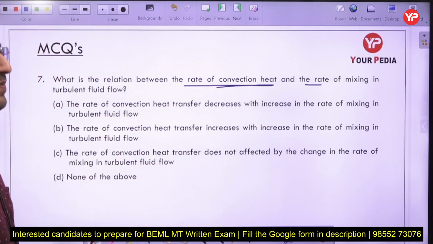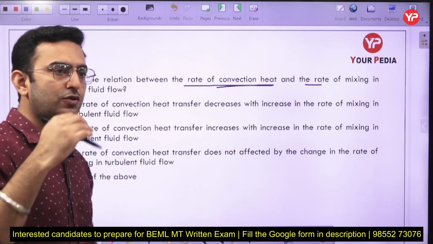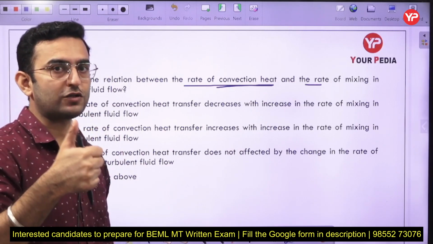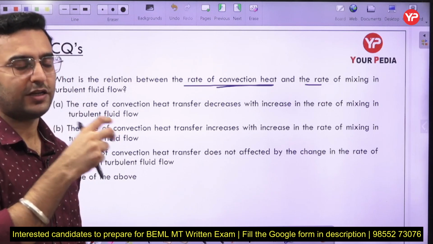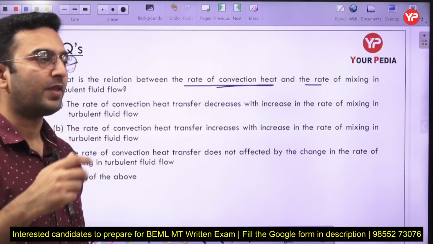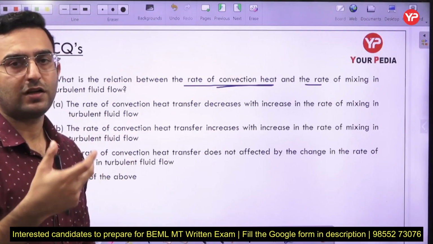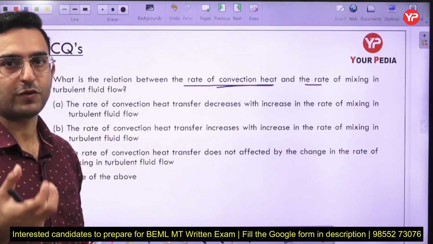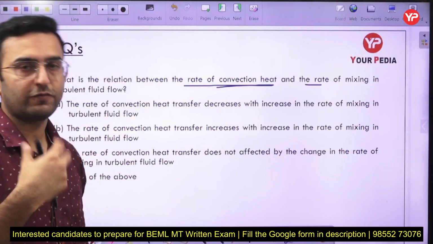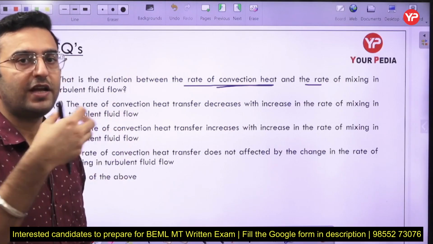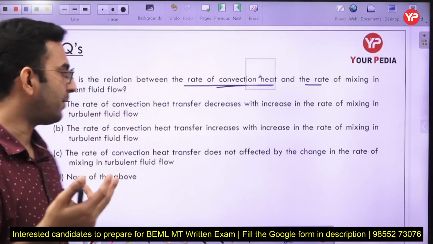First of all, the heat transfer coefficient is not a thermodynamic property here, because it depends upon many parameters depending upon whether the flow is free convection or forced convection. In free convection we have different parameters, in forced convection we have different parameters here.